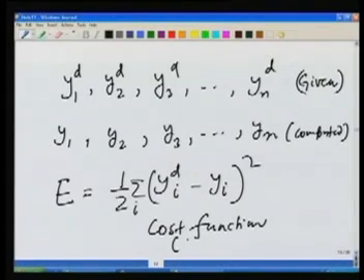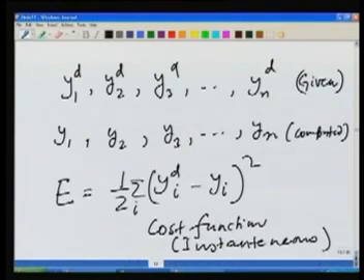This is called instantaneous cost function. And this instantaneous cost function is computed for a specific pattern. For a given pattern, I compute this cost function. Now, I go to the next step.